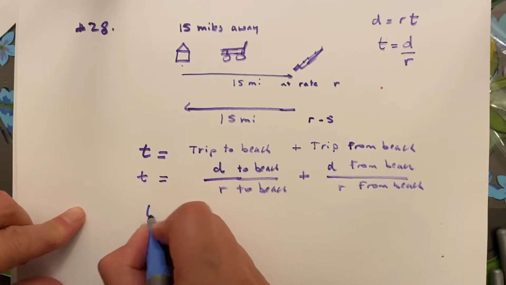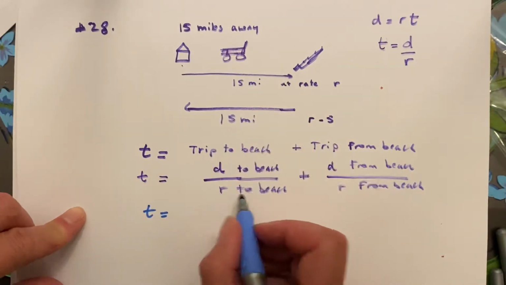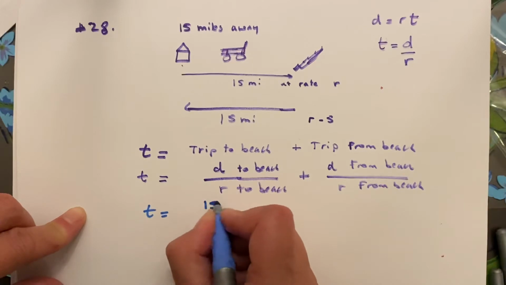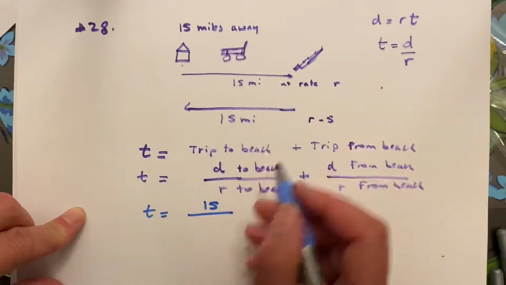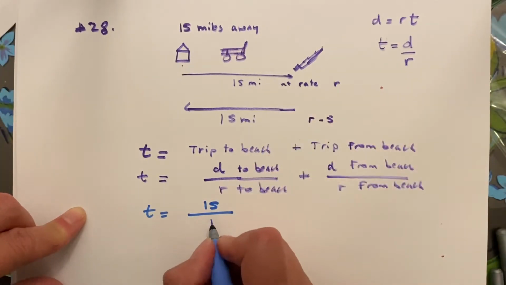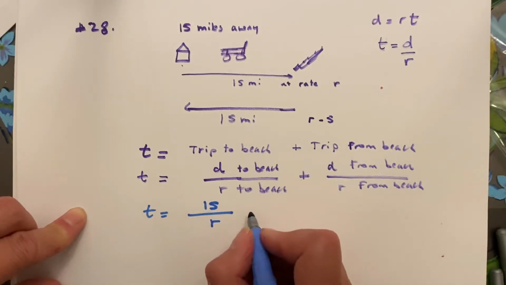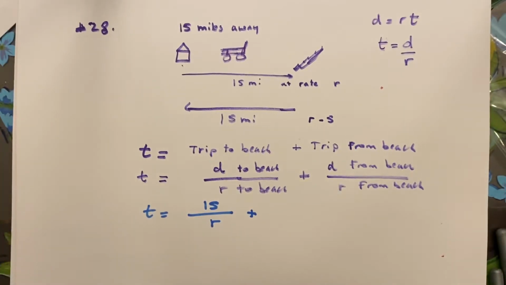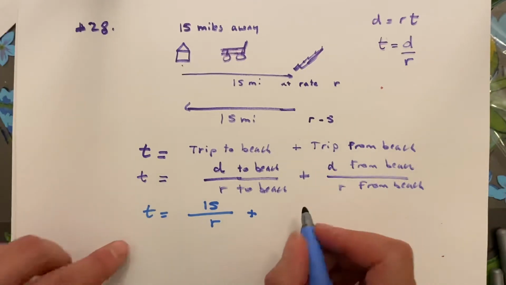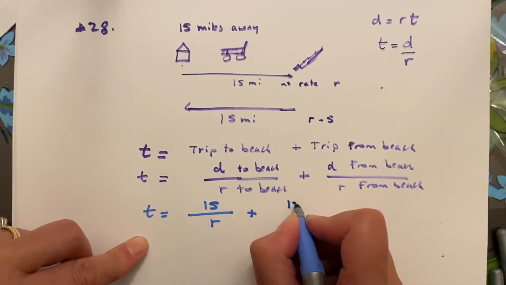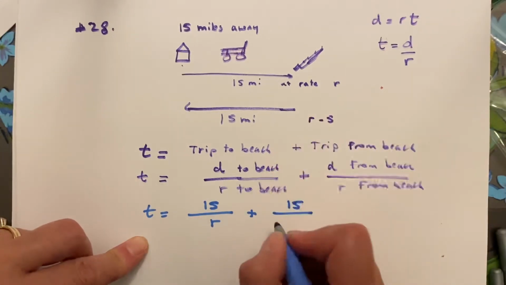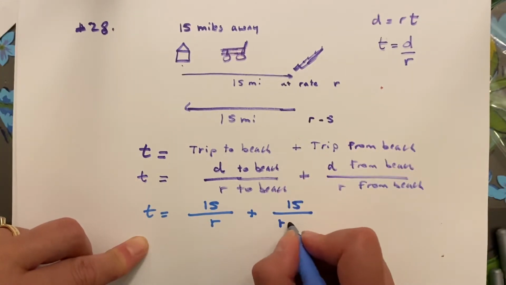So, what did the problem tell me? It told me the distance to the beach is 15 miles. And my rate to the beach, they didn't tell me, so that's just my rate R. But on the way home, I have, again, it's 15 miles, but my rate is R minus 5.